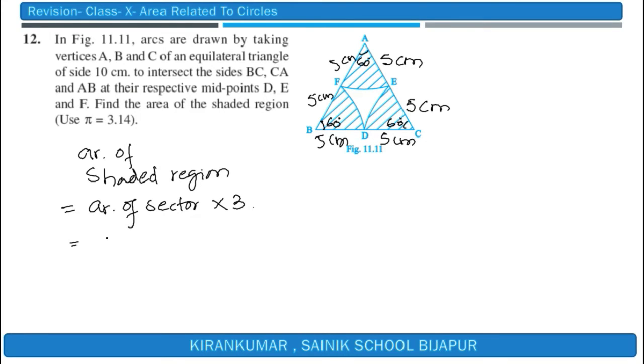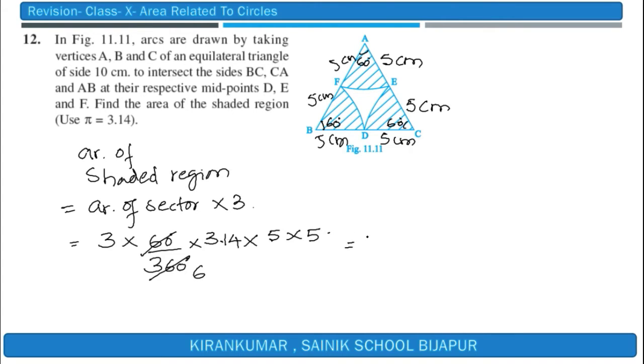So we get 3 times, the angle is 60 degree upon 360 degree, multiplied by 3.14 into the radius squared, which is 5 times 5. This will be 6 times, 3 2 times.